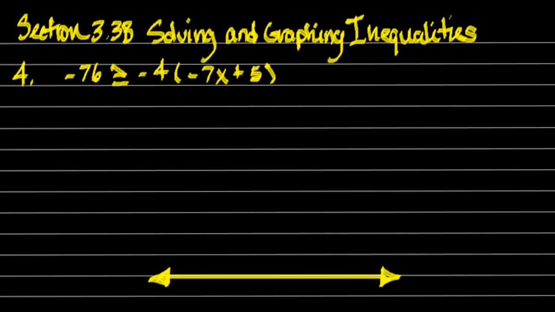Okay, looking at problem number 4, we've got a negative 76 is greater than or equal to a negative 4 times the quantity of a negative 7x plus 5. On this one we can see that we've got a lot of negative numbers, so we've got to be careful with that.